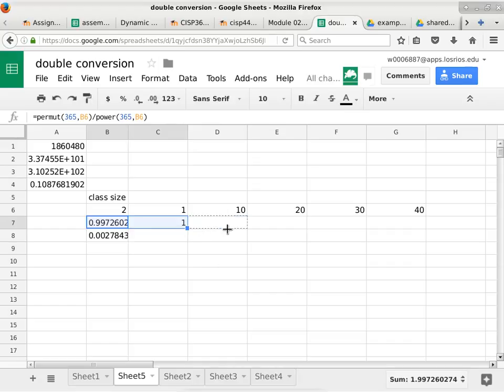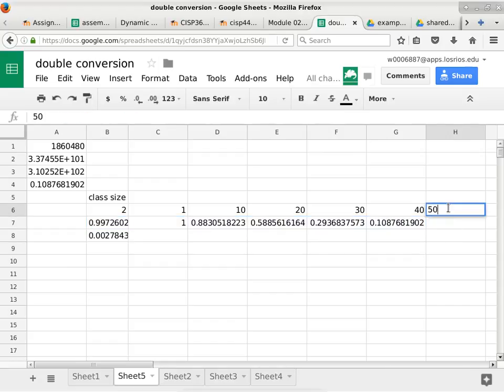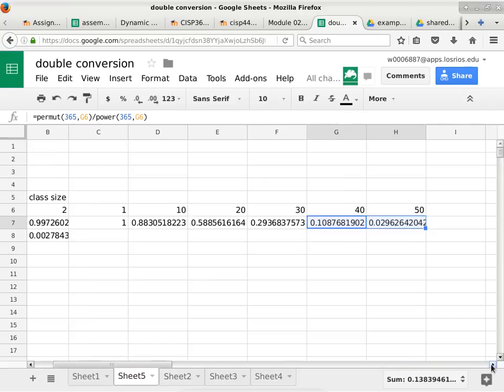When you have a class size of 10, it is only 88%. When you have a class size of 20, it's almost just half. When you have 30, it's less than 30%. When you have a class size of 40, it is only about 11%. Want to go to 50? It's only 3% of a chance. And you can see how these numbers are not linear at all.